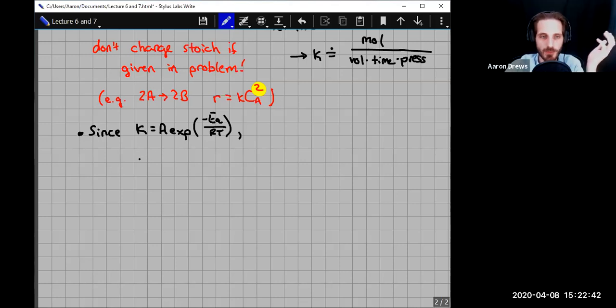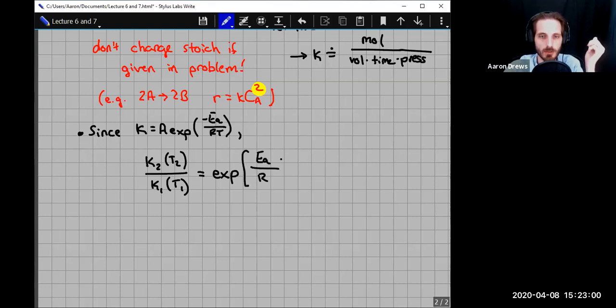So since we have that particular form, we can take the ratio of any two k's at two different temperatures and get a form that looks very, very familiar to us. Exponential of E sub A over R, 1 divided by T1 minus 1 divided by T2.